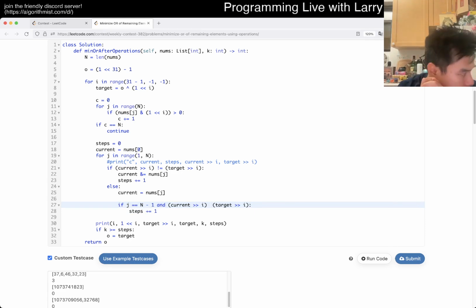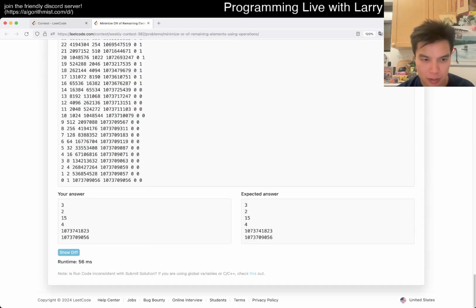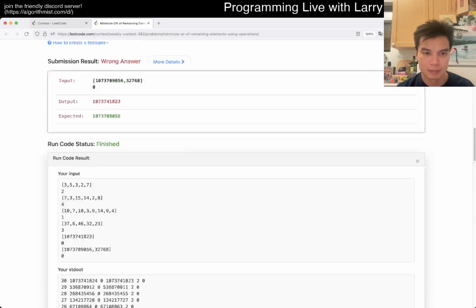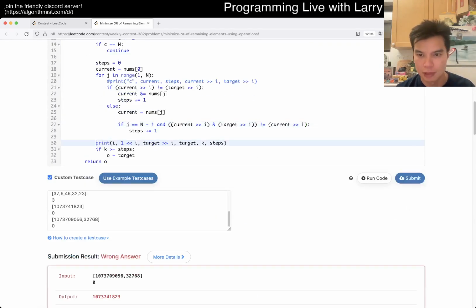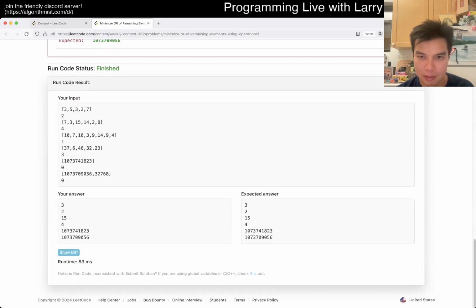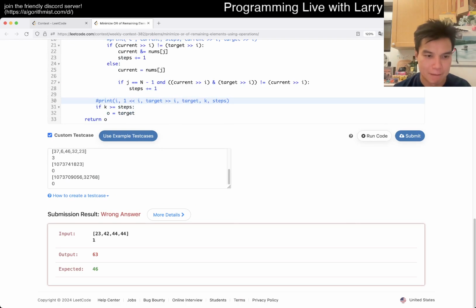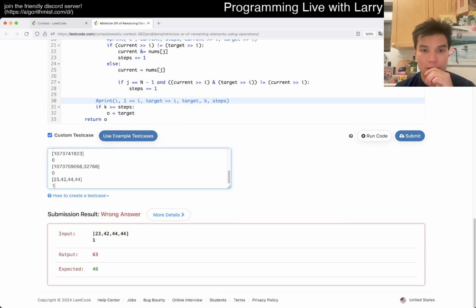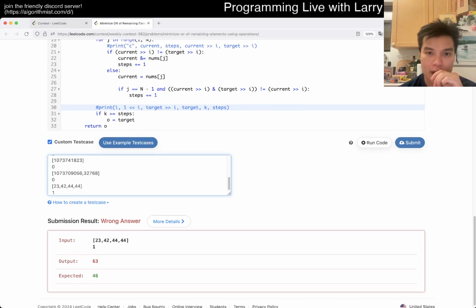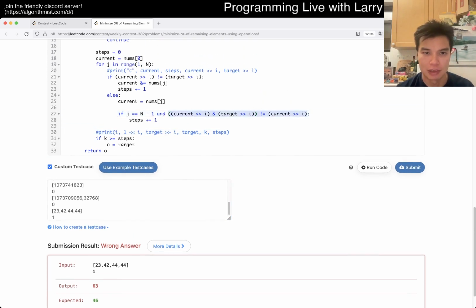What should it be? It should be, or worse, so it should be something like this. Okay. Hopefully that's it. Oh, this also applies to here, I think.